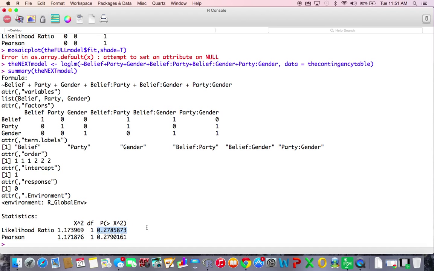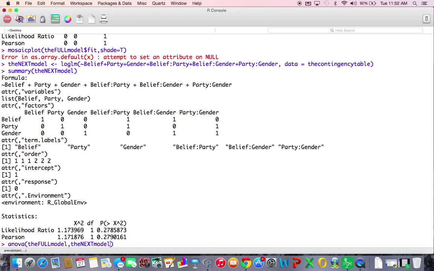Now, what I'd like to do is show you something. I want to run an ANOVA. Because, guys, remember, the next step is to compare the change in the likelihood chi-square, what I talked about in the previous video. And we can do that by looking at an ANOVA of the full model with the next model.